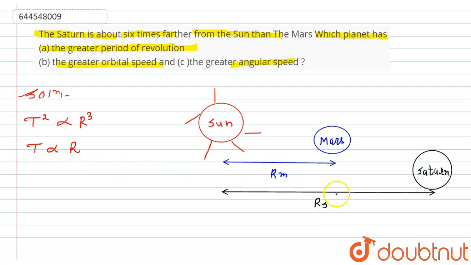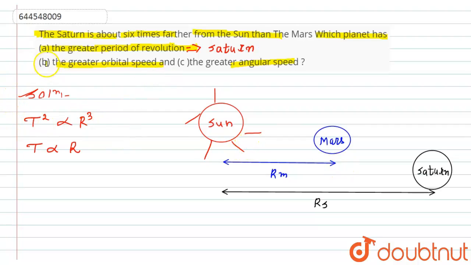Now if you see here, for Saturn the radius is greater as compared to Mars. So for Saturn the time period of revolution will also be greater. The answer for the first one is Saturn: its time period of revolution will be greater as compared to Mars.